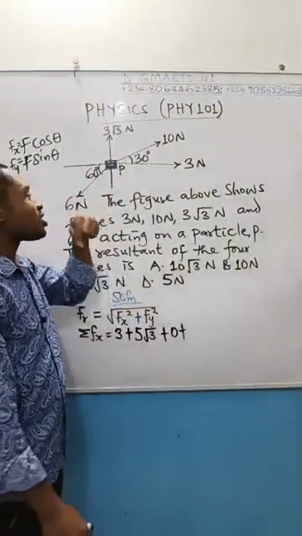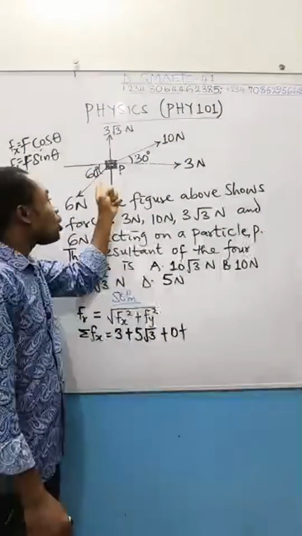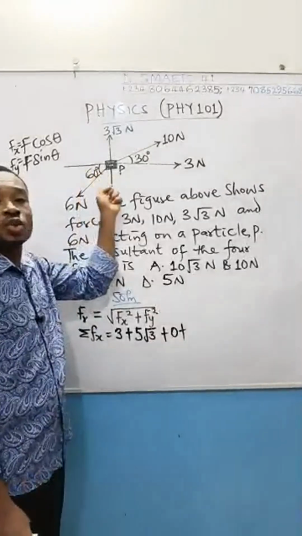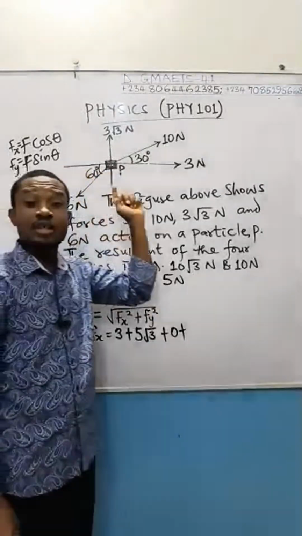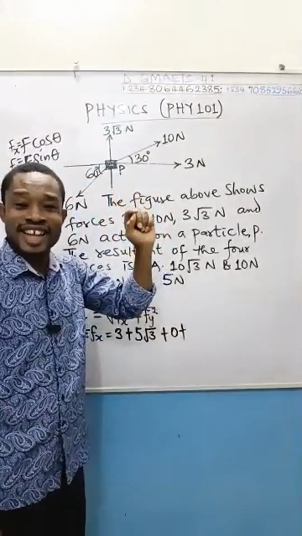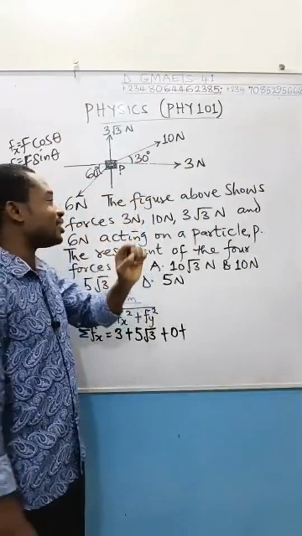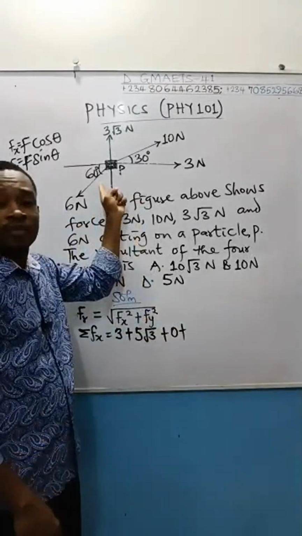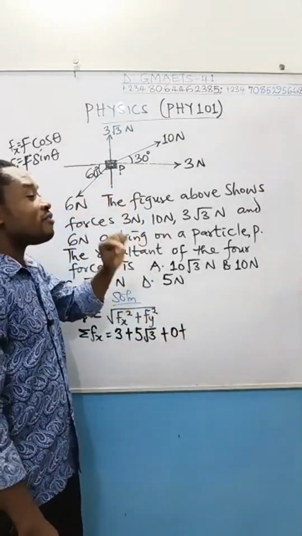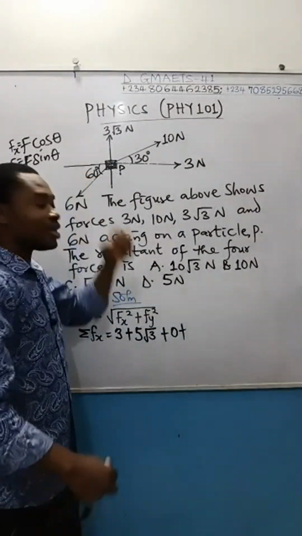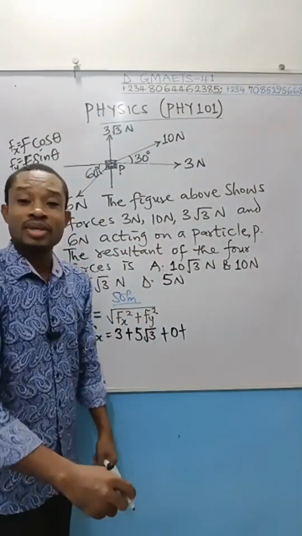But remember to ask yourself, in this quadrant, what is the value of cos? This is the third quadrant, and in the third quadrant, cos is negative. Even sine is also negative there. It is only tan that is positive in this third quadrant. So if you are evaluating 6 cos 60 in this quadrant, remember that it is going to be minus.